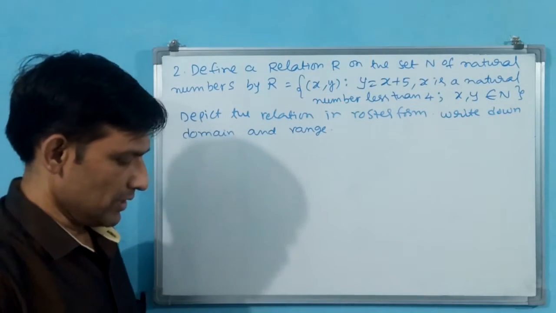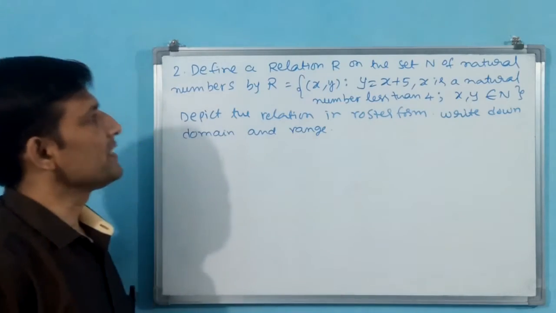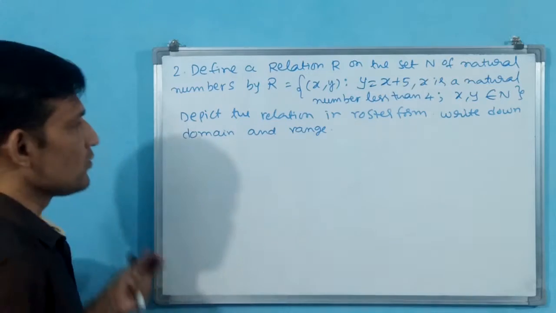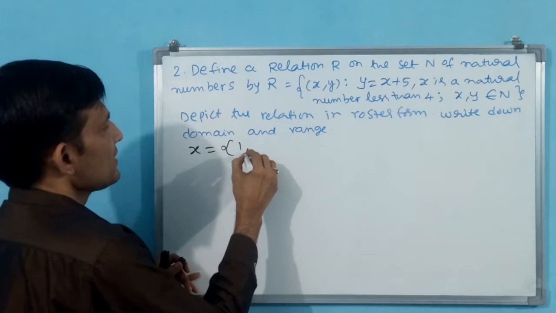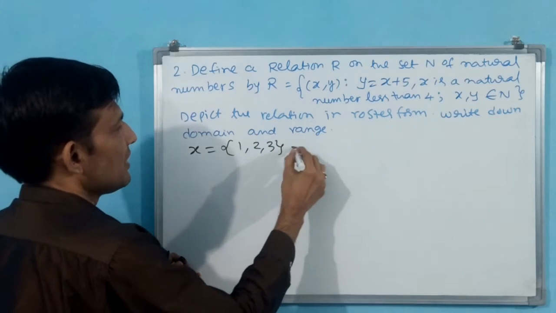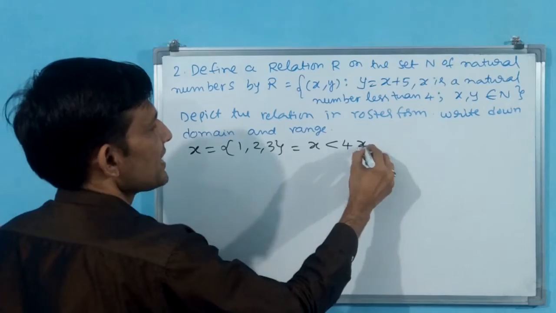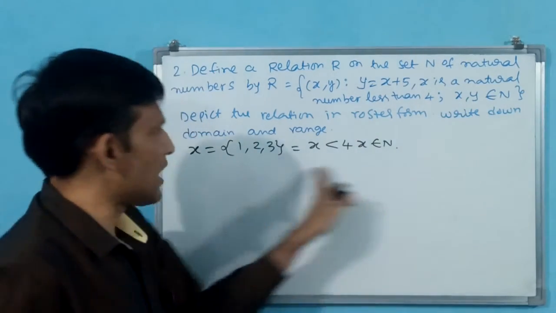Let us see what input he has given. Input he has given: x is a natural number less than 4. That you have to mention here. You see, x is equal to 1, 2, 3 because x is less than 4 and x belongs to N. Okay, x, y both belong to N only, but for x's sake I am writing here.